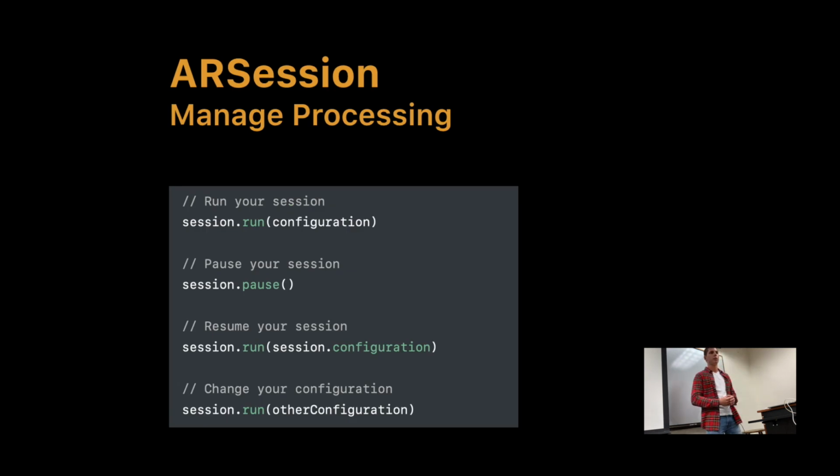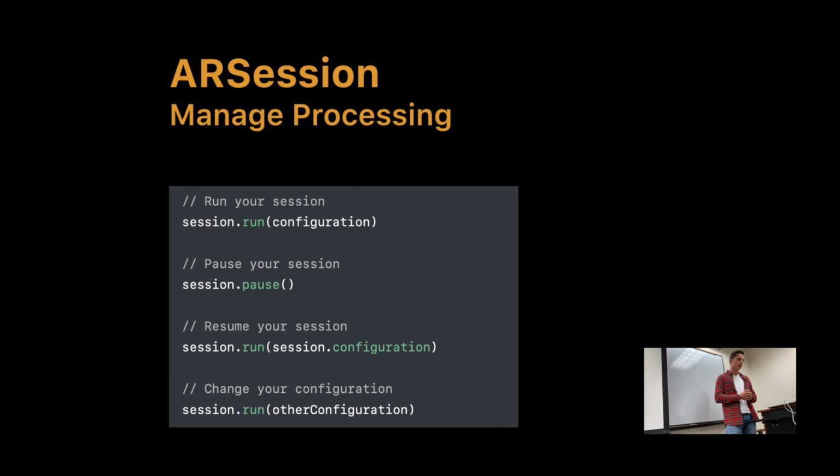The way we manage our AR session is pretty easy too. We just need to run it using our configuration object. We can then pause it, for example, when the user exits our app or goes to Springboard, or something happens that requires us to pause our experience.